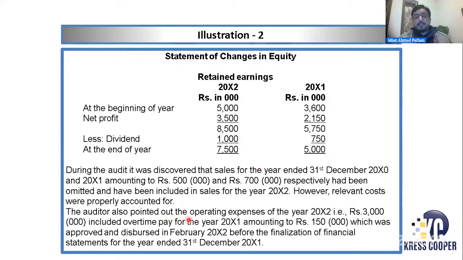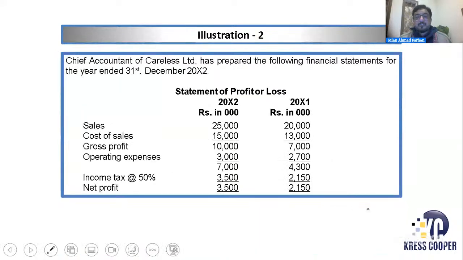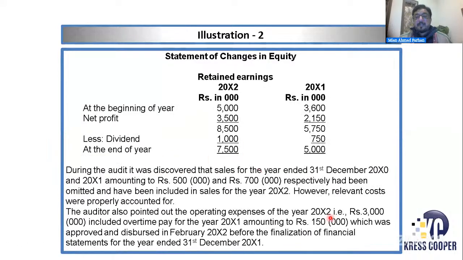The auditor also pointed out that the operating expenses for the year X2, that is 3 million, included overtime pay for the year X1 amounting to 150,000, which was approved and disbursed in February X2. It belongs to X1.